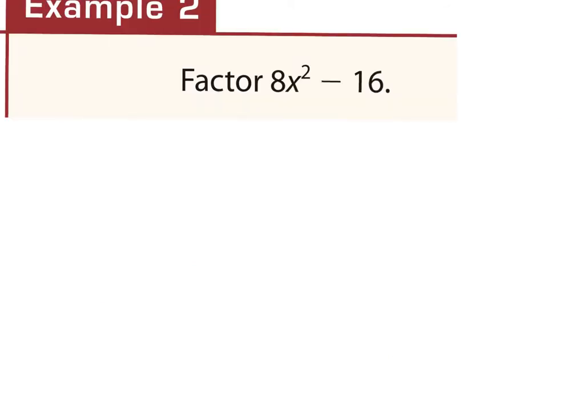One of the first things that we did with polynomials is distribution. Distribution would take a number on the outside and multiply what's on the inside by that number on the outside. So you would take this and say 2 times x, 2 times -3, and you would do something like that. Factoring is basically the reverse.